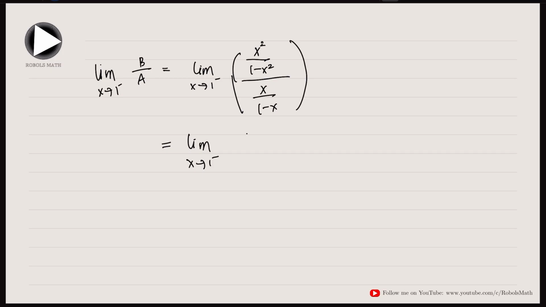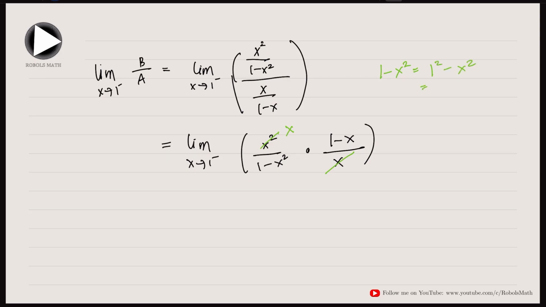So that becomes x squared over 1 minus x squared times 1 minus x over x. That's just the reciprocal of the denominator. Now we have x here and x in the numerator, so that cancels out and that leaves us just x. Meanwhile, 1 minus x squared is a difference of two squares.